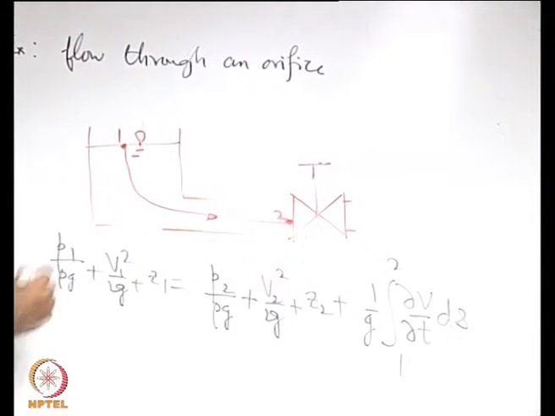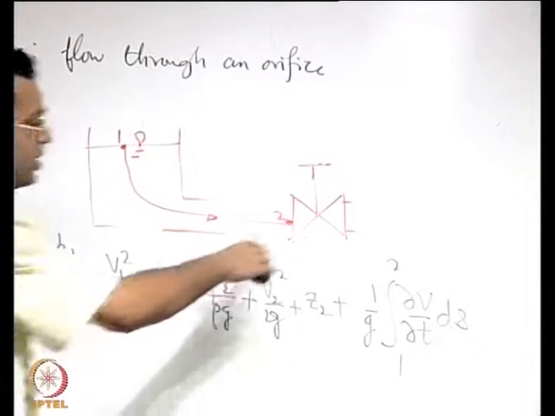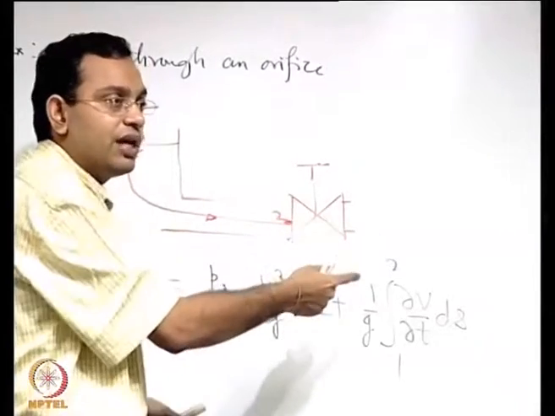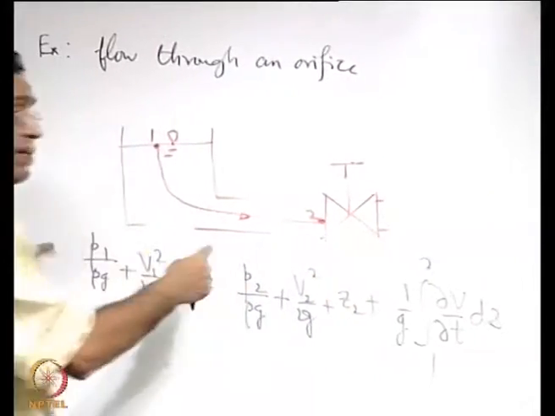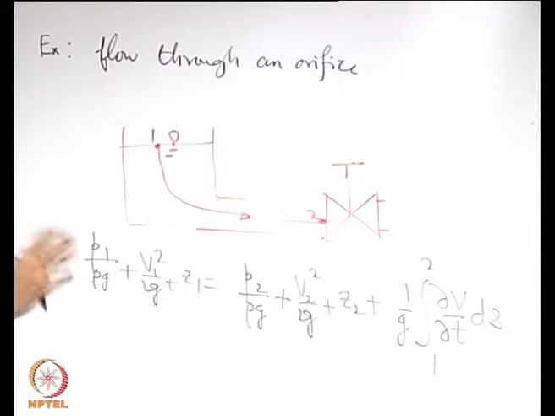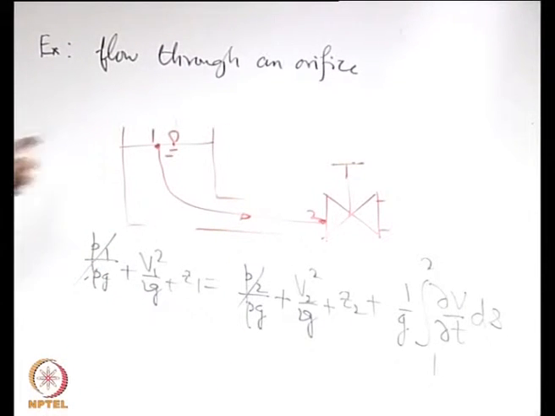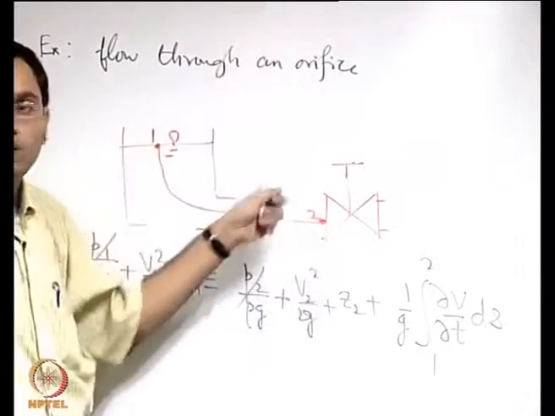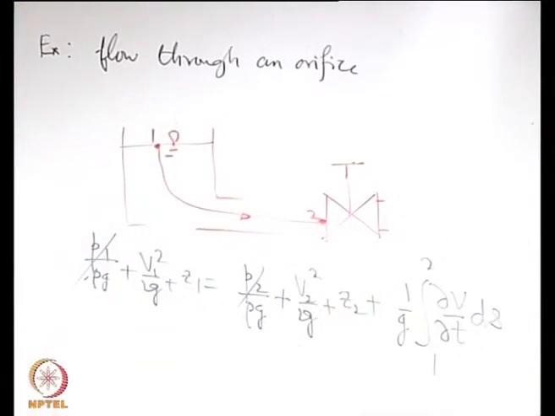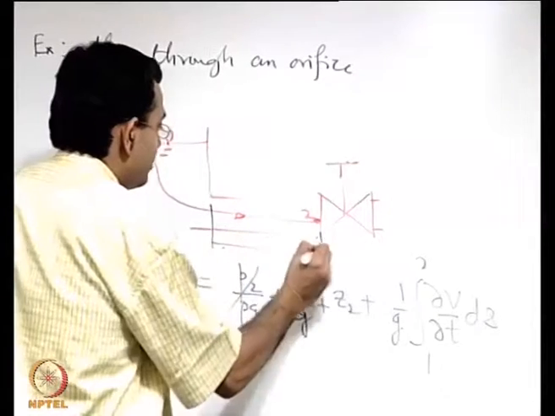So P1 is like P atmosphere, and when the valve is open the outlet is also exposed to atmosphere. This is when the valve is suddenly opened, that is what we are trying to analyze. So then these two pressures are the same, because this is atmosphere when the valve is totally open. Let us say L is the length of this pipe.